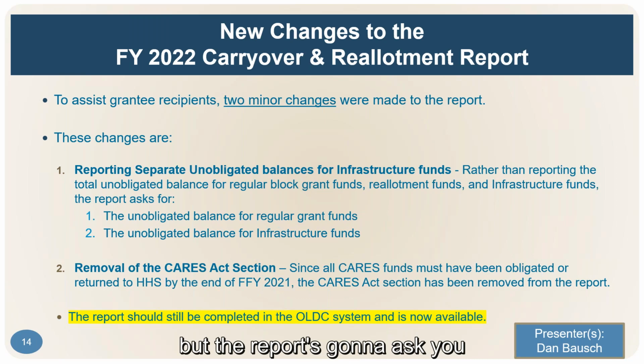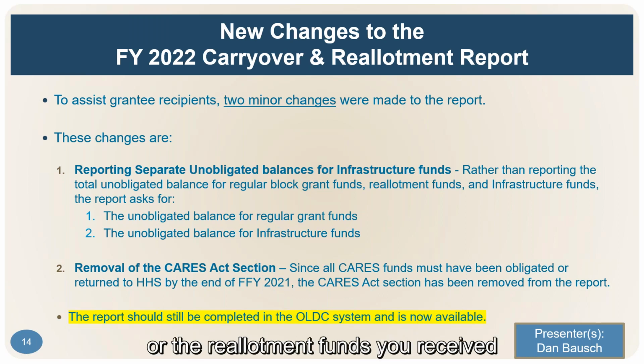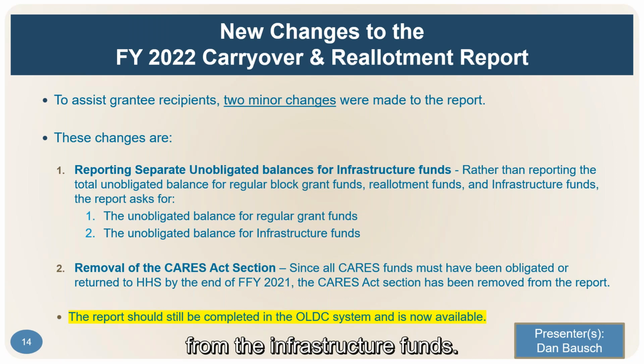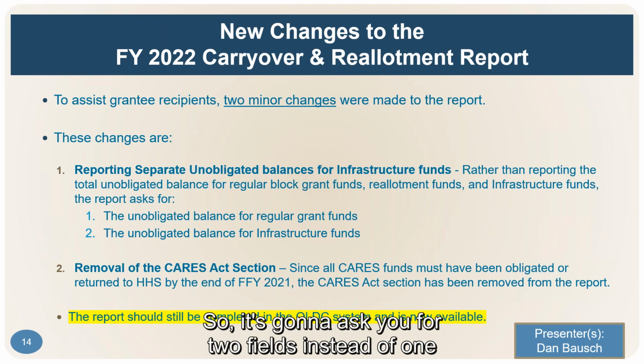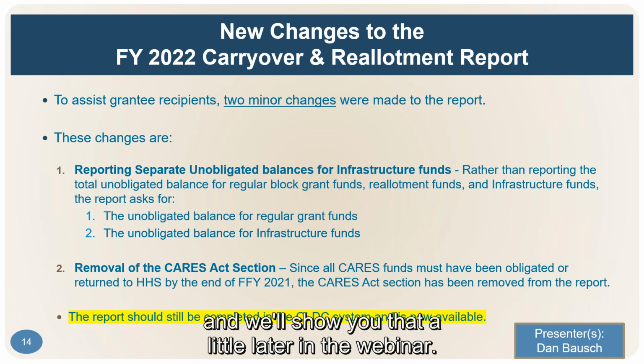But for the unobligated balance, you have to break it out by regular grant funds from the block grant or the reallotment funds you received versus the unobligated balance from the infrastructure funds. So it's going to ask you for two fields instead of one in this part of the report, and we'll show you that a little later in the webinar.